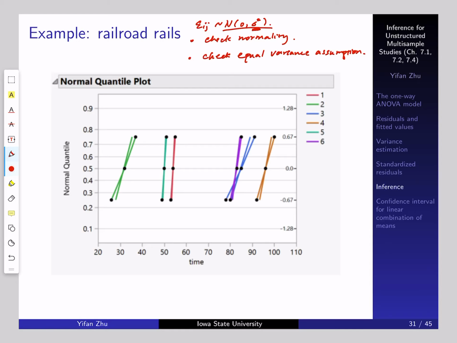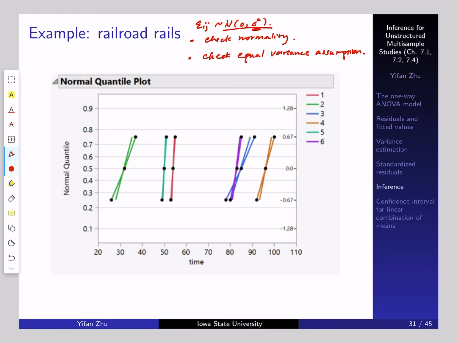And you want to check whether for each group the dots are closely around a straight line. In this case, you can see that there are only 3 observations for each group, and these 3 dots are almost on a straight line for all these groups.